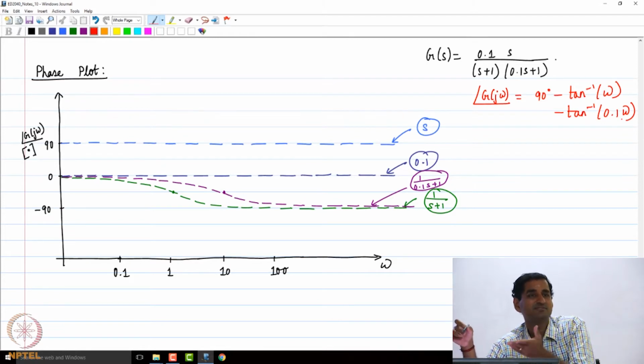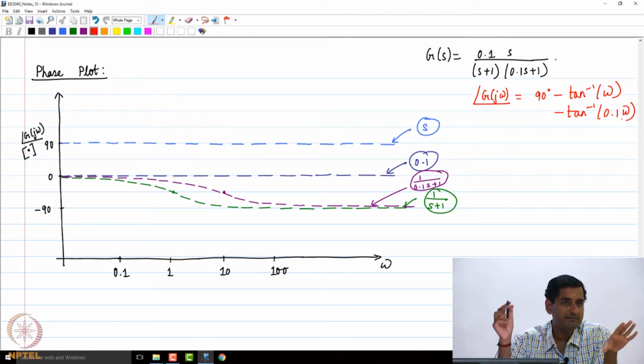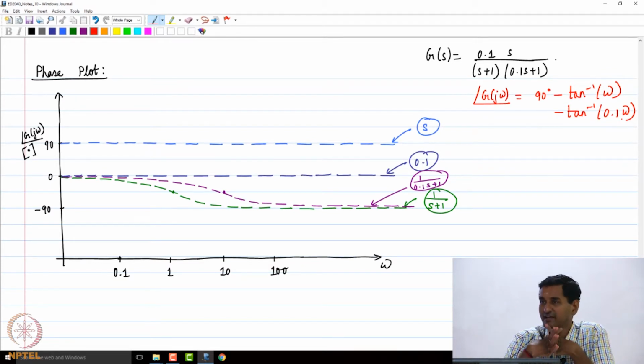So I think this is something which we have discussed before, right. You have a transfer function as essentially products of terms, you just take the algebraic sum of the individual phase contributions, right. So, that is what we have.